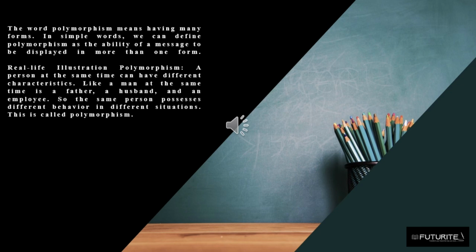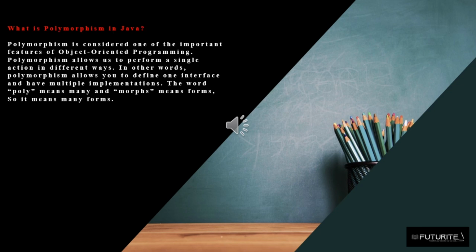The same person possesses different behavior in different situations. This concept is known as polymorphism. Polymorphism means many forms, a particular person or thing having many forms, or playing different kinds of roles.